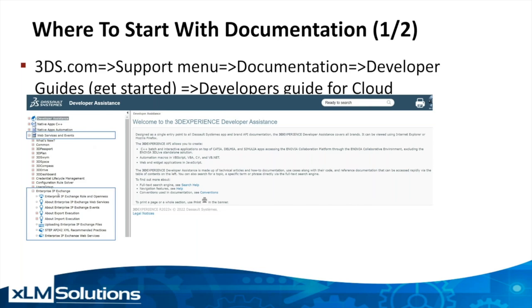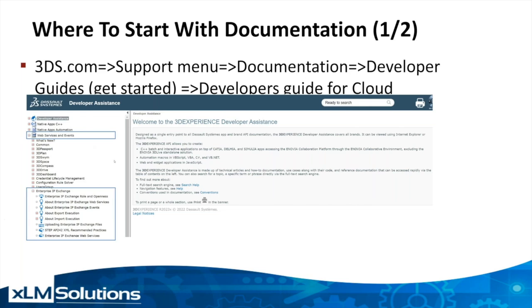This is where you'll find everything I'm going to show you in the next few slides regarding the export and import APIs. Anything specific to the EIF API documentation is available under the Enterprise IP Exchange resource.